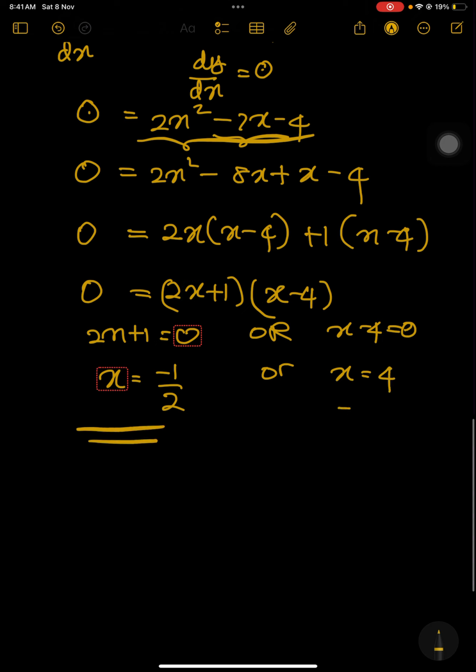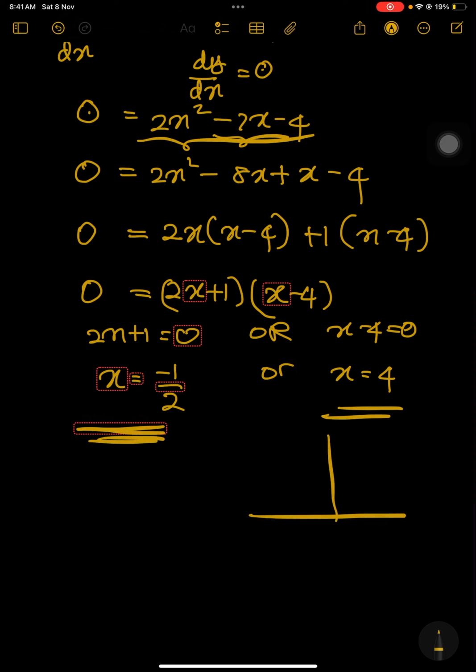So we have 2 points where the slope of the graph is 0. It can be like this, for example, if you take it this way, just for imagination, it can be in this form.